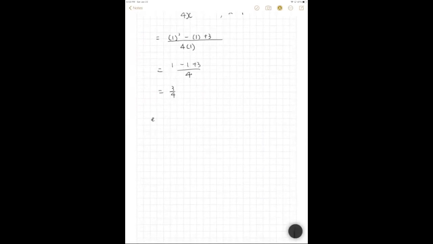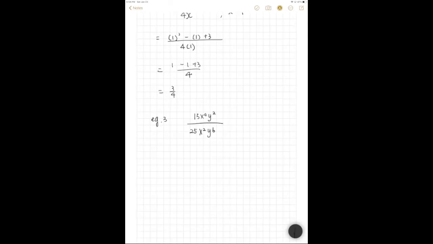So the next one is how to reduce a rational expression. We have 15x to the 4th y to the 2nd power over 25x squared y to the 6th. Okay, so how do we reduce that?